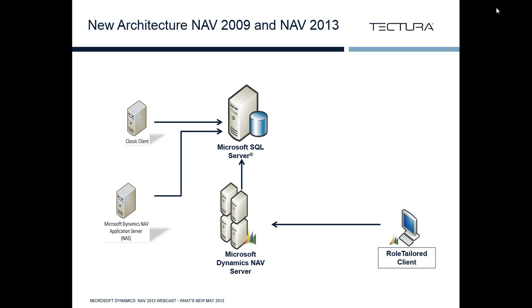What that does is introduces all of the features and benefits of SQL Server into the Dynamics NAV environment. In addition to that, what Microsoft introduced was a role-tailored client. So in other words, now moving away from what was known as the classic client, a menu-driven system, into a role-tailored experience. And I'll show you what that means in a second.